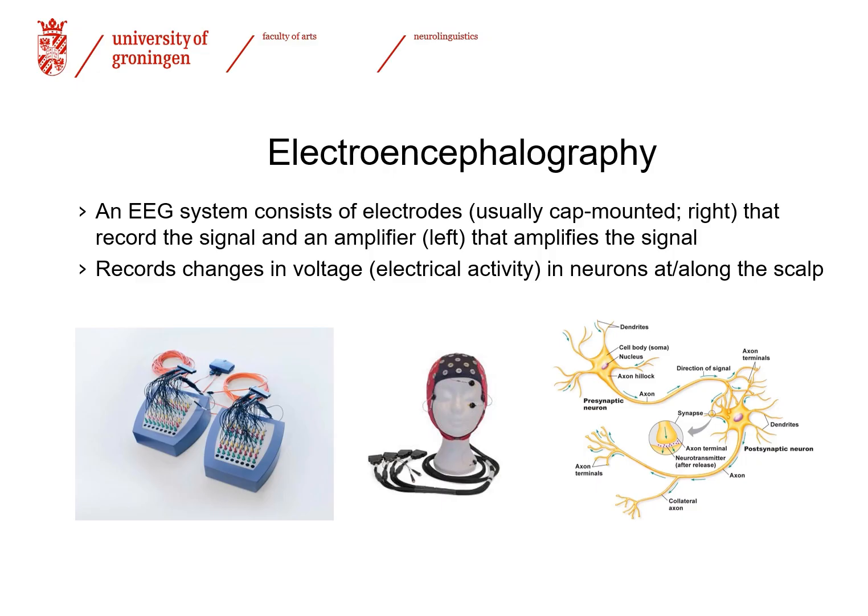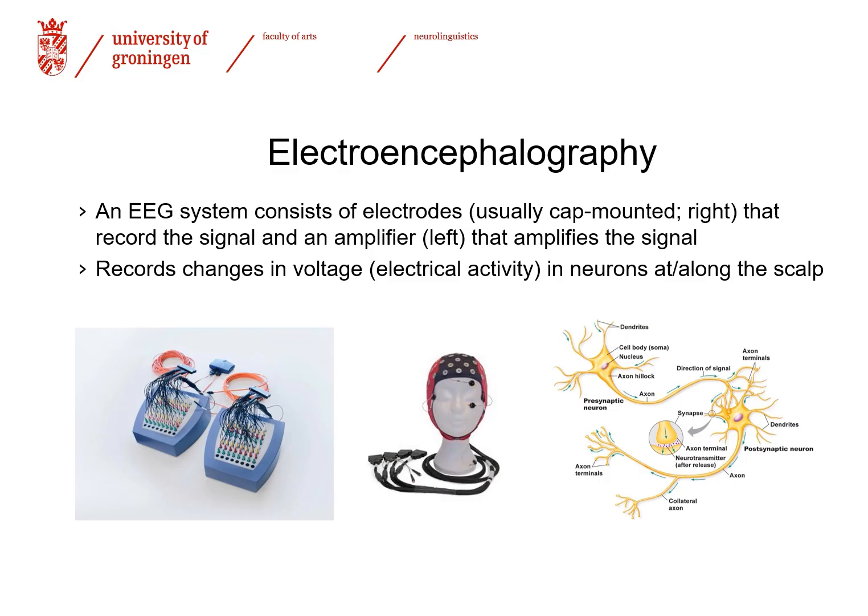The purpose of it is to amplify the electrical brain activity that we record on the scalp, because that activity is so minute we need to amplify it dozens of times in order to actually be able to see something. And this amplifier is connected to a number of electrodes that are usually mounted in a cap that you can see in the middle picture, and all of these are placed on a participant's head.